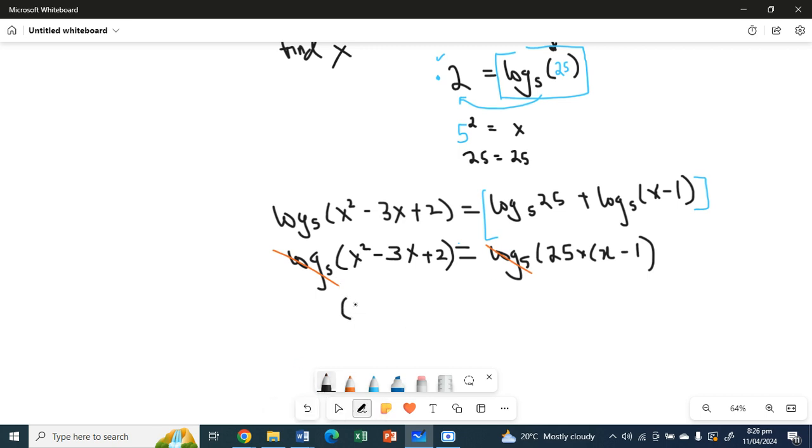So here we're going to have x squared minus 3x plus 2 equals, here we're going to expand, you're going to say 25 times x, you get 25x. Then you say 25 times negative 1, you get negative 25.